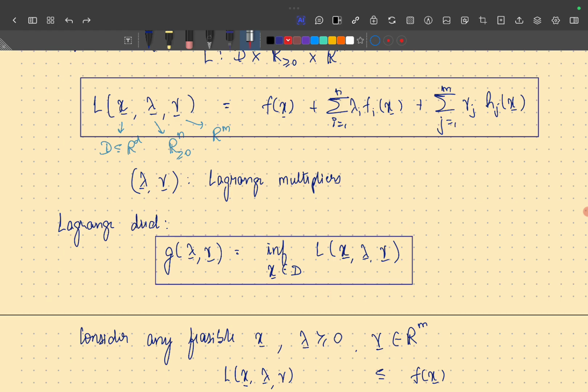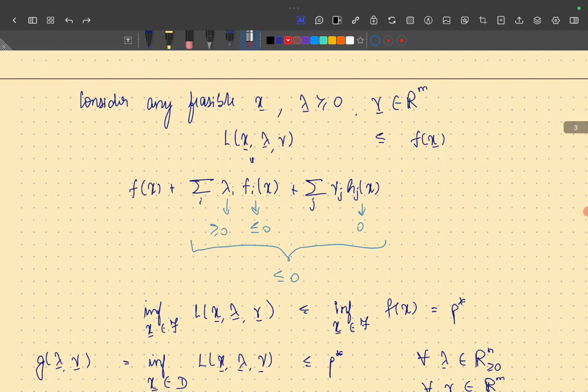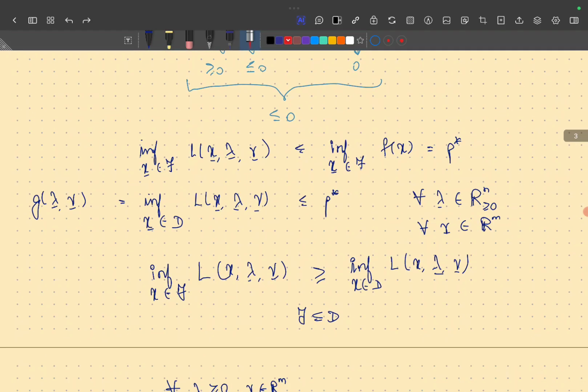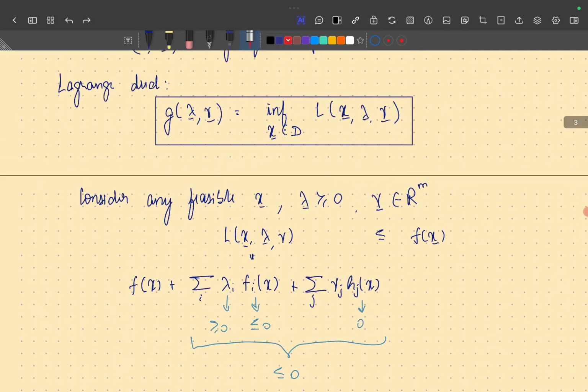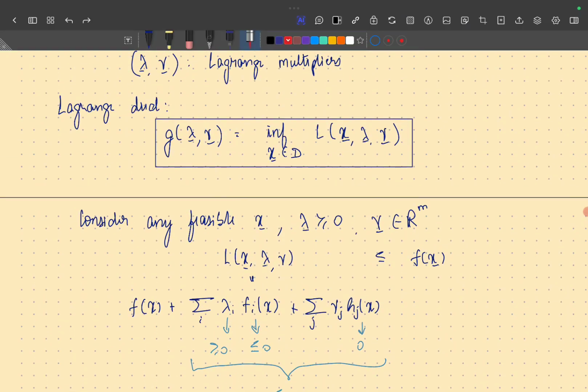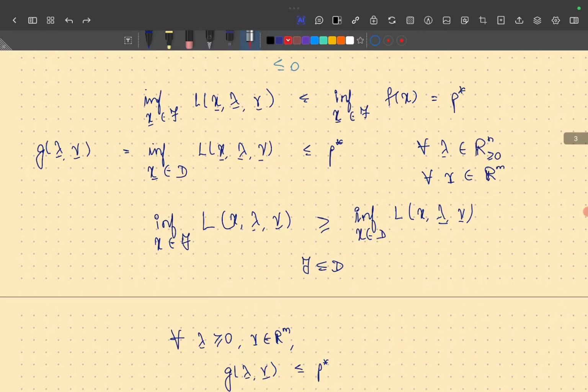So corresponding to every primal optimization problem, we can define the so-called dual optimization problem, which corresponds to maximizing the dual objective function g of lambda comma nu with respect to lambda greater than or equal to 0 and nu in Rm, right?